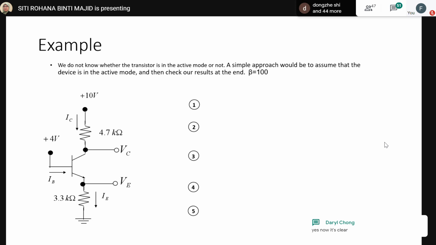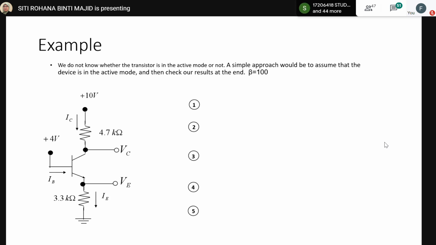Okay. Now we will use a calculation method to identify which region the transistor falls in. Because from the output characteristic, we can clearly identify the saturation region based on the behavior or the trend of current versus voltage.